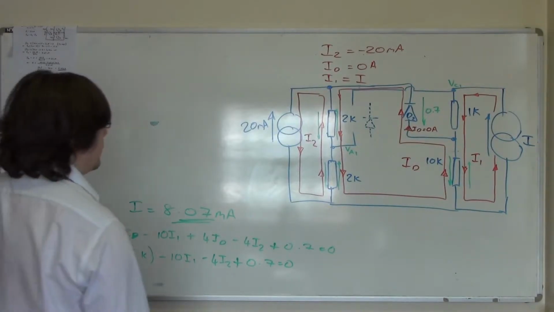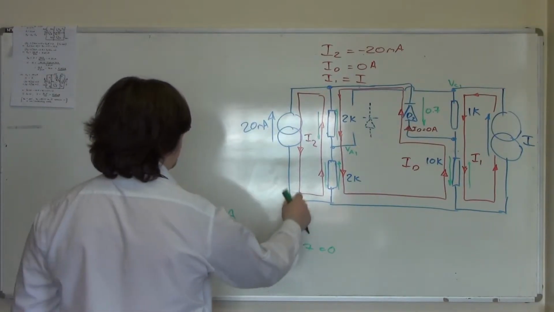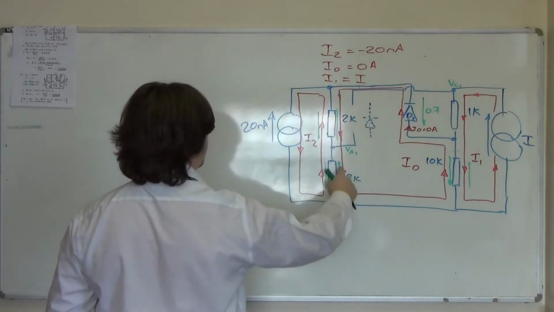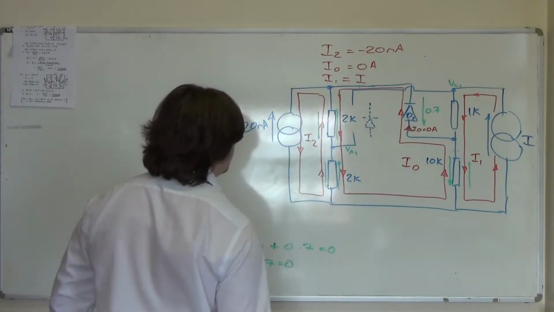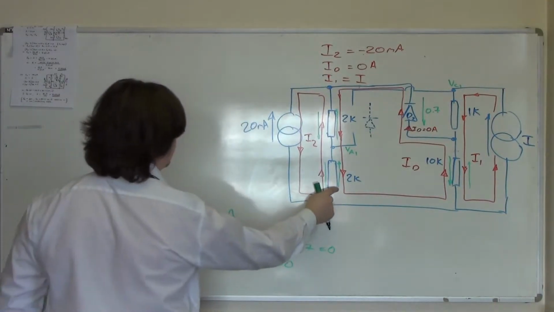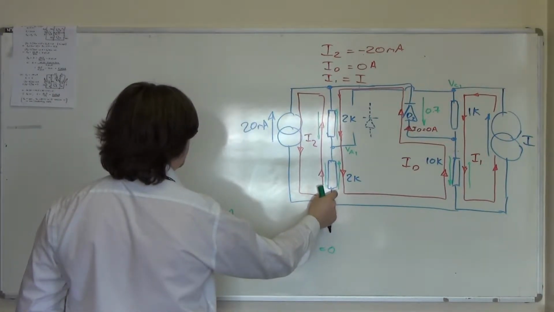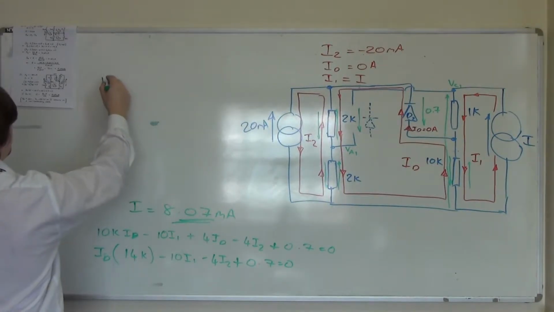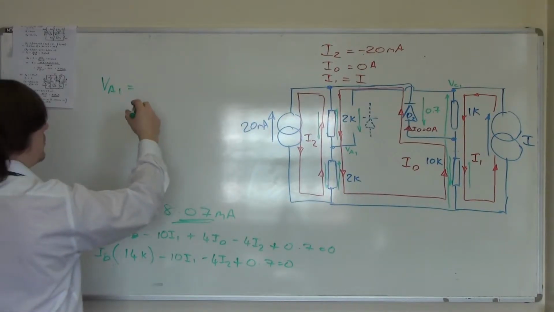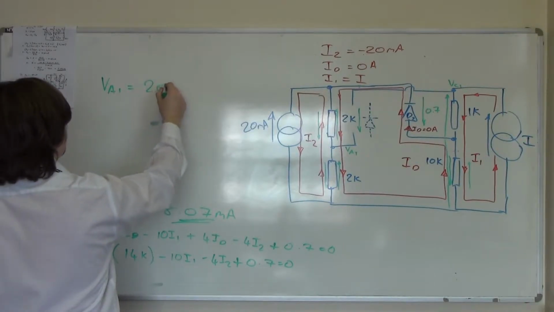So VA1, well, we've got no current, ID is 0. Got that from up there, and we've decided it because of the situation of the diode. So the only real current flowing in this 2K resistor, which gives us VA1, is I2. VA1 is equal to 20 milliamps.